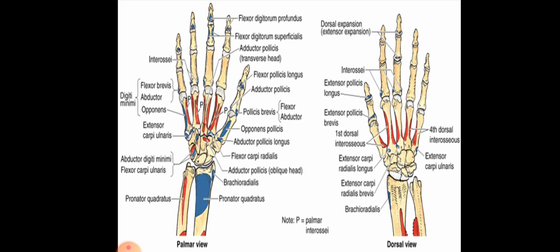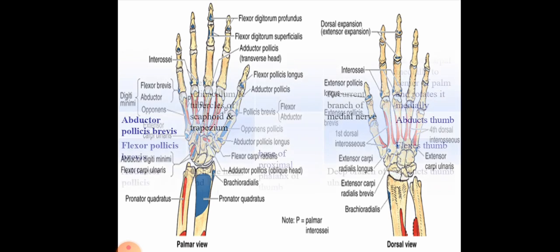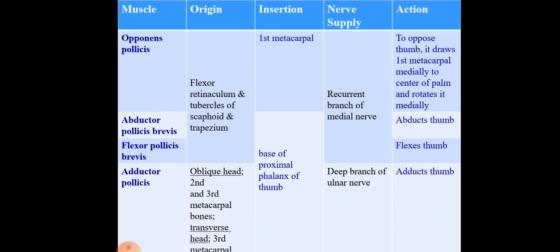The fourth muscle, named adductor pollicis, has a different nerve supply, which is supplied by the deep branch of the ulnar nerve.